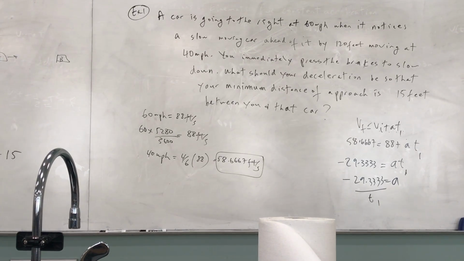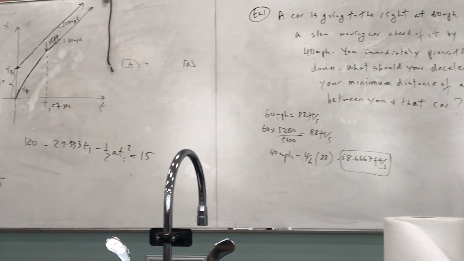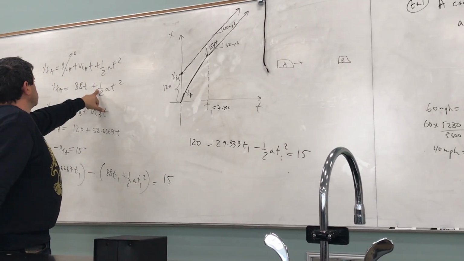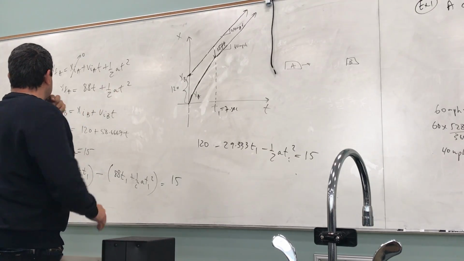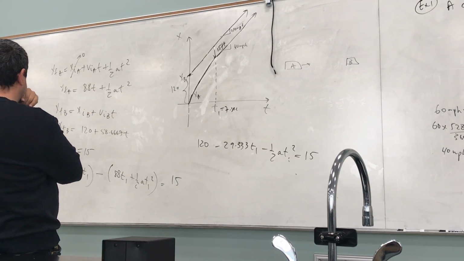Acceleration should be negative. Which one? Oh, this one here. So when you plug it in on the right of the problem, oh, here you mean I had it as positive on the second.